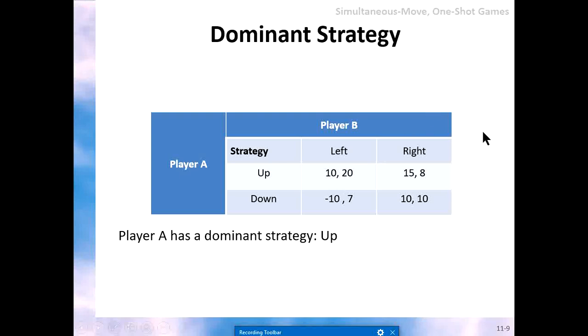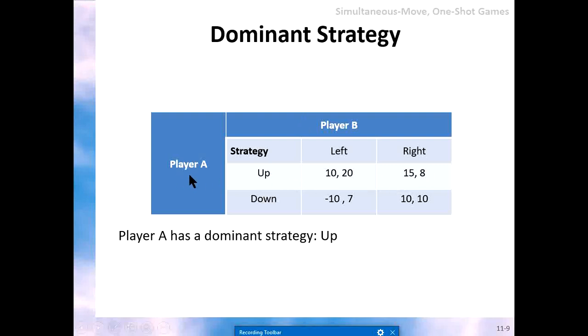But if player B chooses right, he will get 15. But assume that player A puts down: if player B chooses left, he will get -10. But if player B chooses right, he will get 10. So you can see from this, player A is dominating with the up strategy.